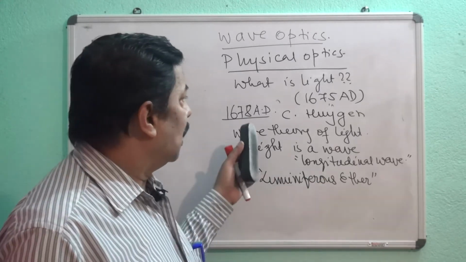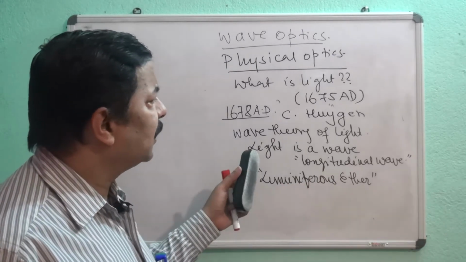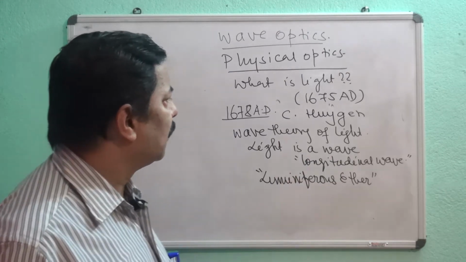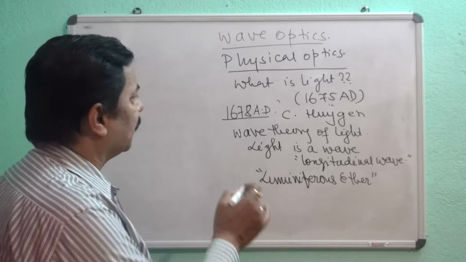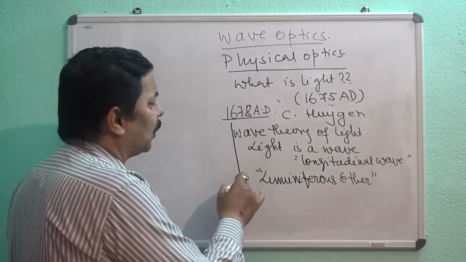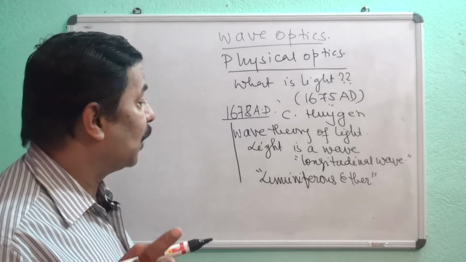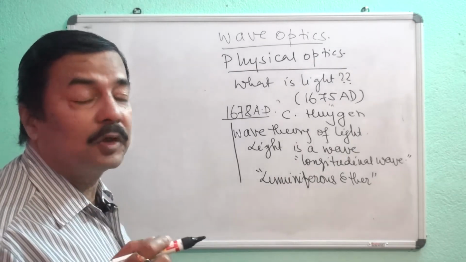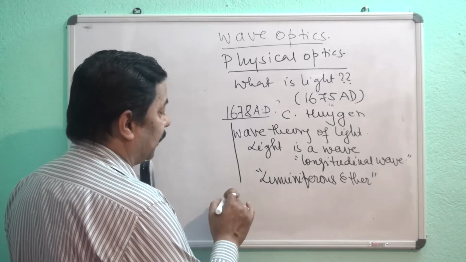This was the assumption of Huygens: the whole universe, the entire space, is filled with this hypothetical particle. And when Huygens said that light is a longitudinal wave, he explained certain phenomena that were not explained by Newton's corpuscular theory. What was Newton's corpuscular theory not able to explain?